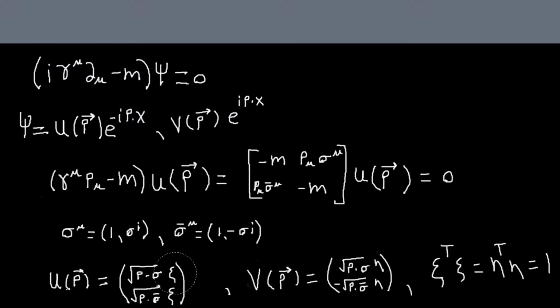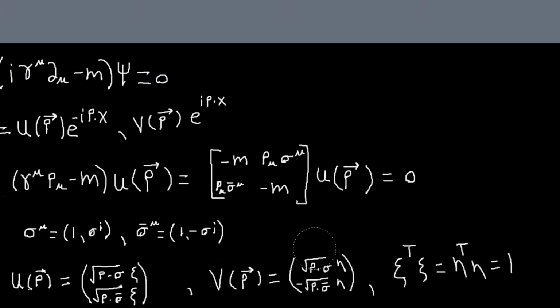So it doesn't matter what this two-component spinor is, as long as our four-component spinor basically has two of the same spinors stacked on top of each other, just multiplied with these different factors, it will be a solution. And then similarly, if we did the same thing with v, we would find this for our solution.